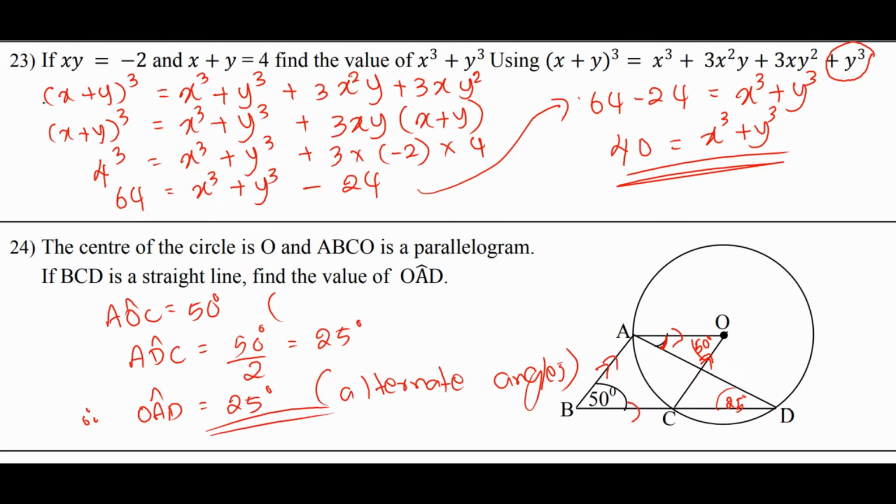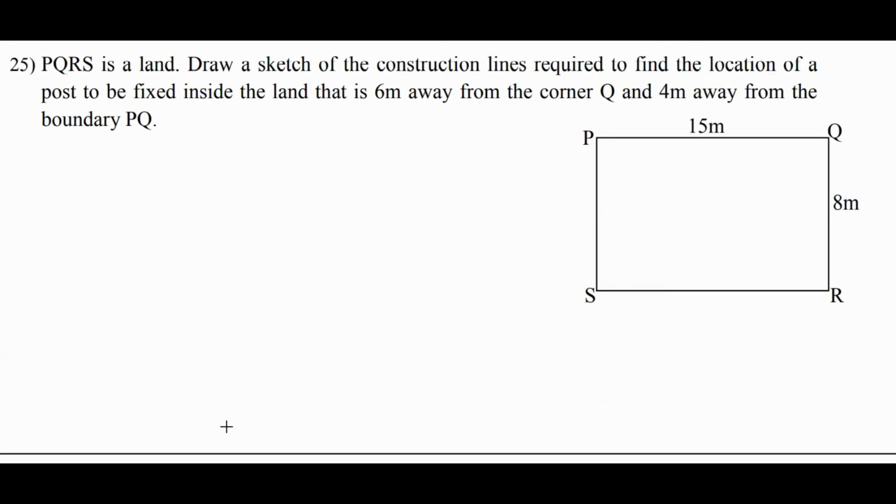Let's go to the last question of part A, question number 25. PQRS is a land.